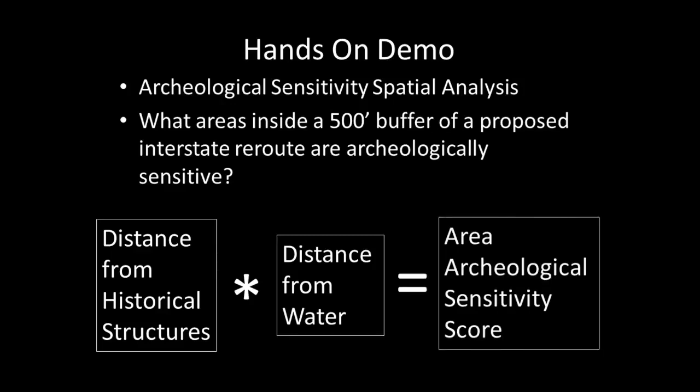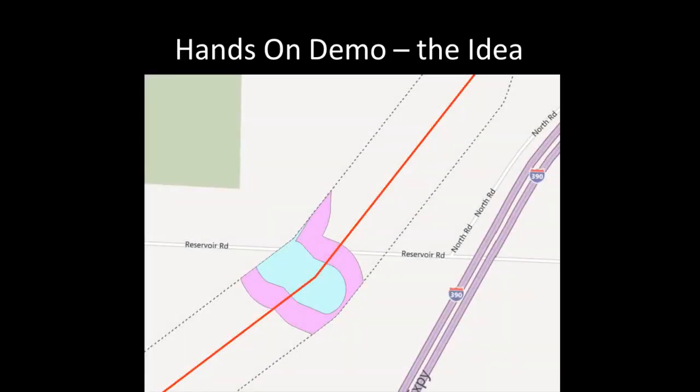The following image also helps illustrate this idea in terms of the final output from the spatial analysis. This image shows an example of the study area. The red line indicates where the proposed interstate reroute is being planned. This is in relation to the existing interstate that is to the east or right of the reroute.